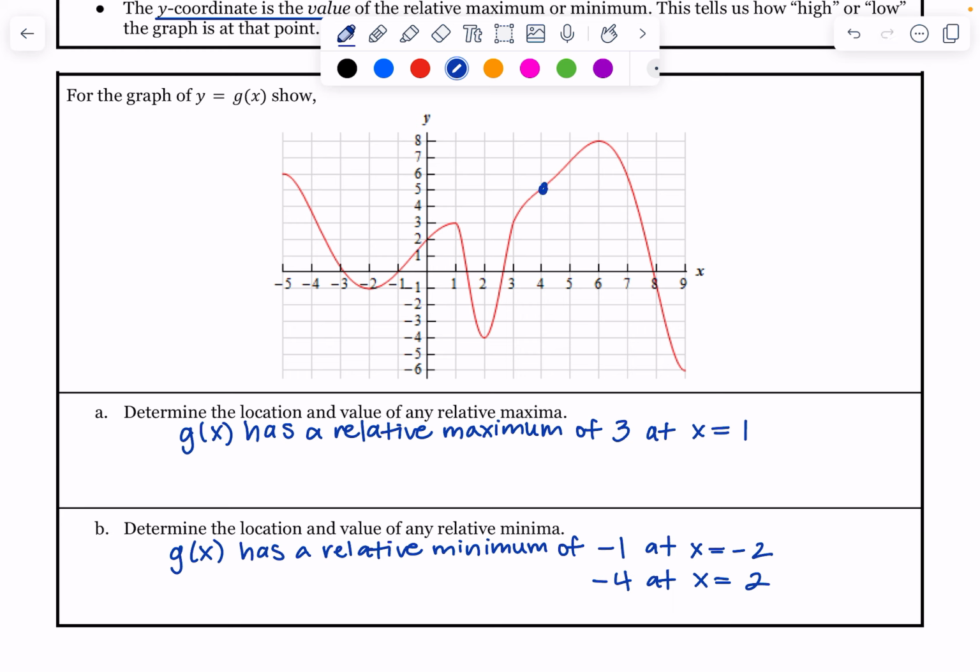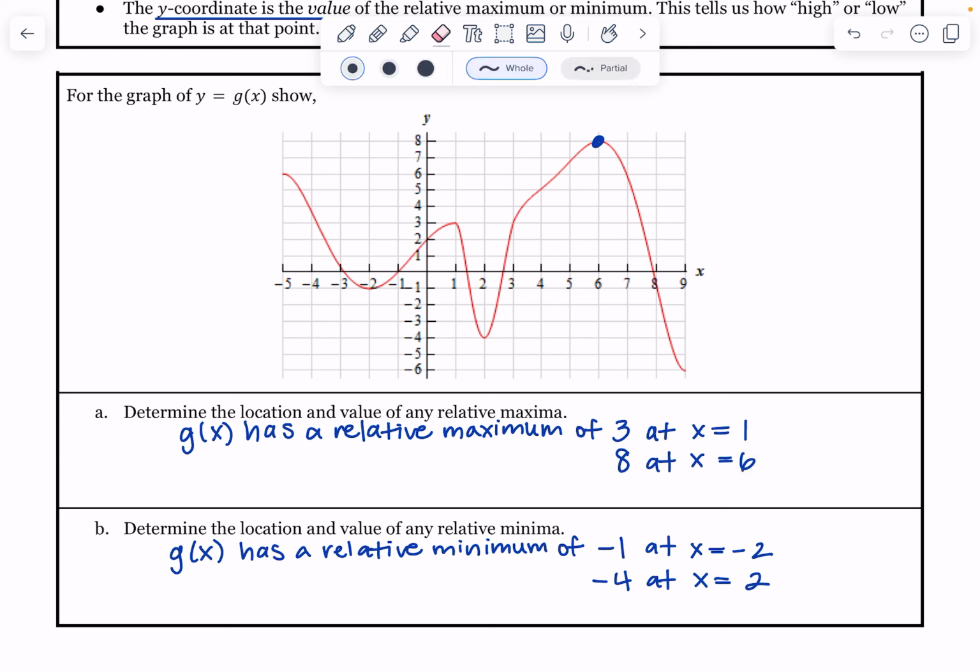There's something going on here, but again, increasing to increasing, nothing for the purpose of this. However, here we have increasing to decreasing, and so that is a relative maximum. So that is a maximum of 8, and the location is at x equals 6.